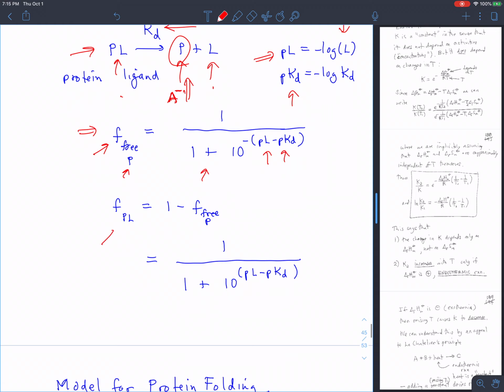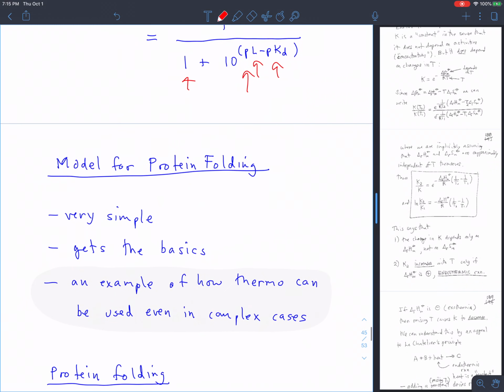And likewise, the fraction of stuff where the ligand is bound is going to be 1 minus that, which is 1 over 1 plus 10 to the pL minus pKd. We'll see these formulas again when we start talking about protein-protein binding in the next section of the class.